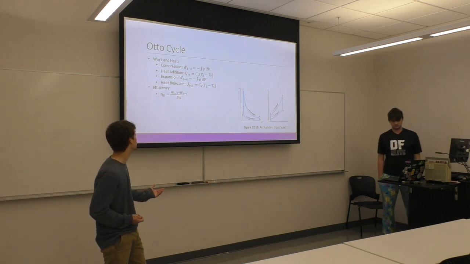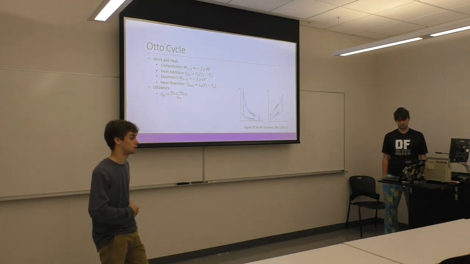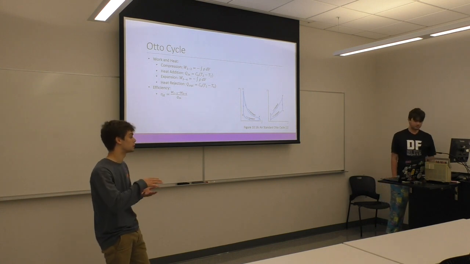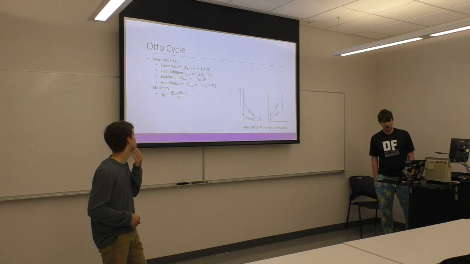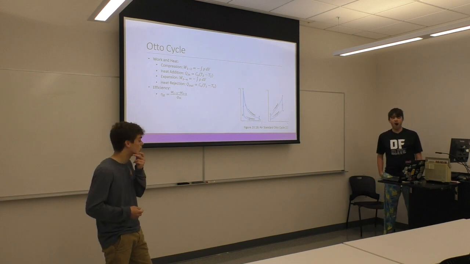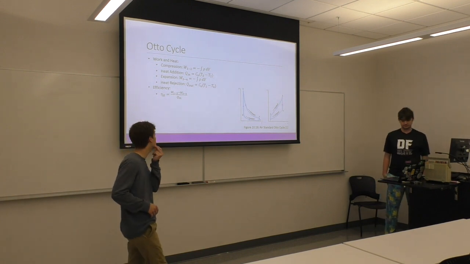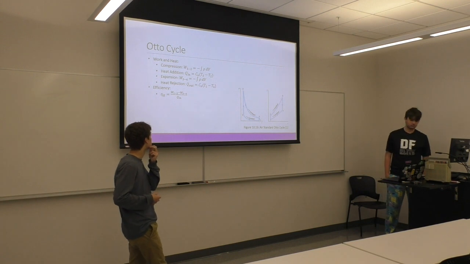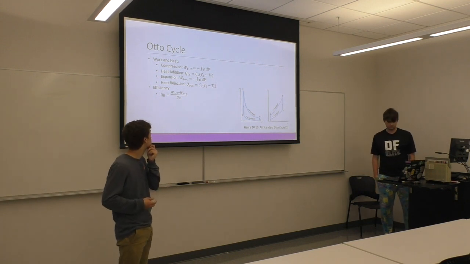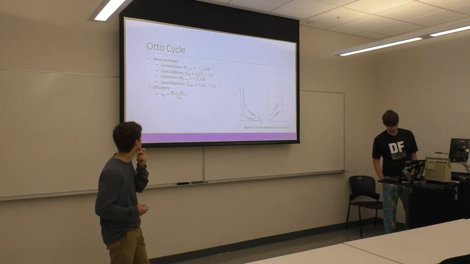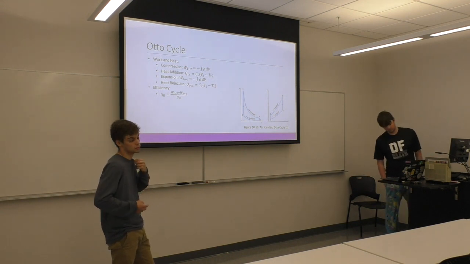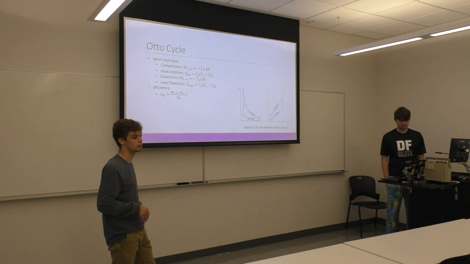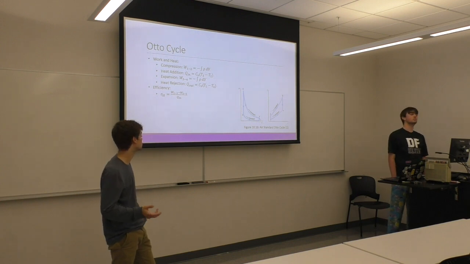And then for heat addition, it's going to be at constant volume because it's compressed to the top. So that's where you get your heat capacity for constant volume, times your change of temperature. And it's going to be the same for expansion and heat rejection. And then your efficiency is going to be the work from the second cycle, which is expansion, minus your work at compression, over your Q_in.